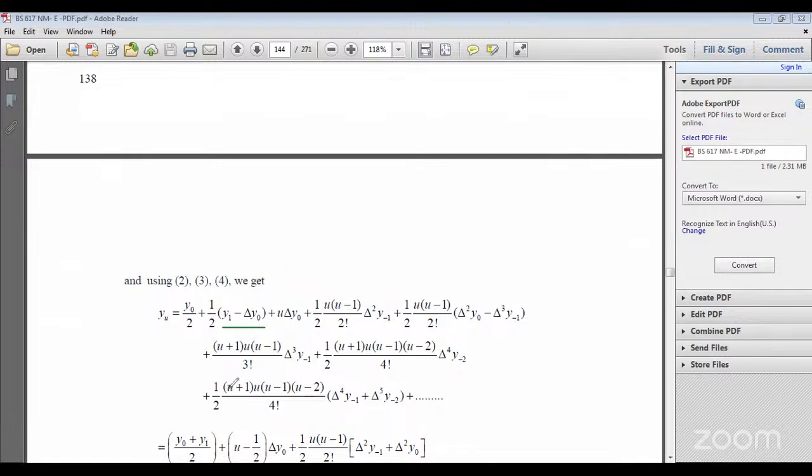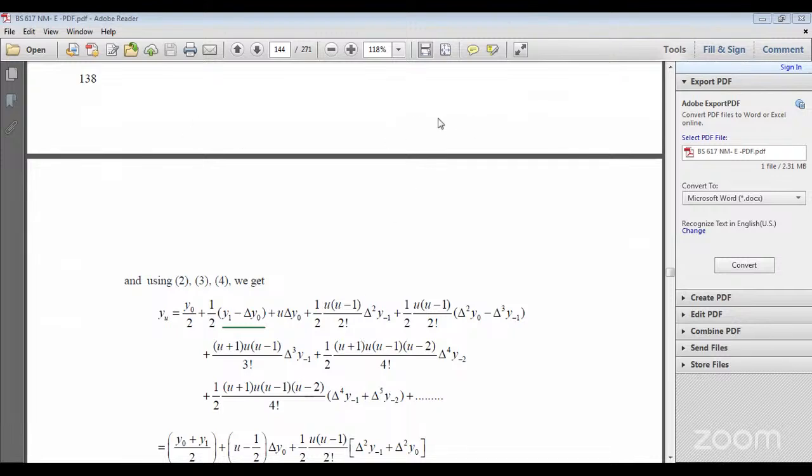Plus u plus 1 into u into u minus 1 by 3 factorial del cube y minus 1.